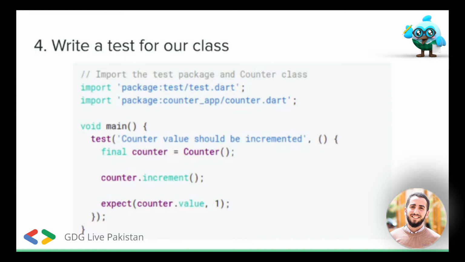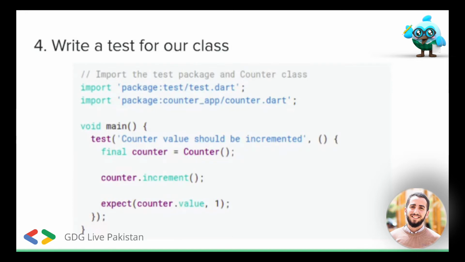So at first, we must write all our tests inside the main function. Inside it, to make a test case to test a specific functionality, we can use the test function. For example, I want to test the functionality that's responsible for incrementing the counter or decrementing the counter. So let's talk more about incrementing the counter.